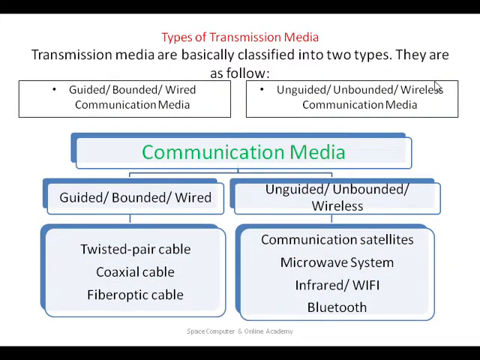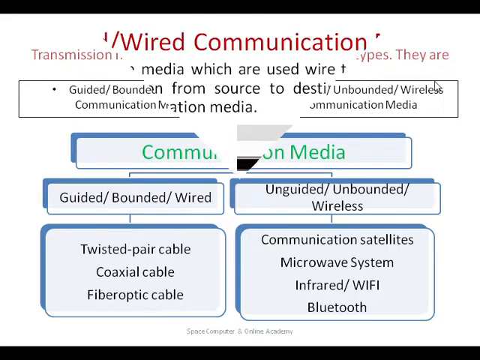Types of transmission media. Transmission media are basically classified into two types. They are as follows: guided, bounded, or wired communication media; and unguided, unbounded, or wireless communication media. Here you can see the diagram.